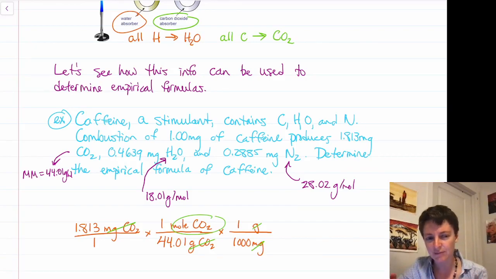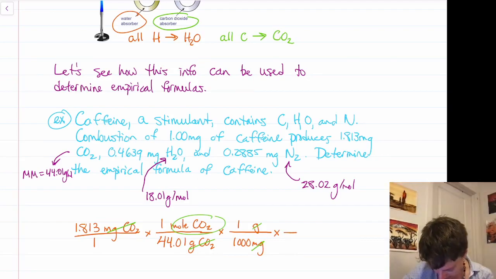If I was talking about oxygen, there's 2 moles of oxygen atoms for every 1 mole of carbon dioxide. But for carbon, it's pretty simple. 1 mole of carbon dioxide is equal to 1 mole of carbon atoms. And so we can incorporate that into our unit conversion by saying that 1 mole of CO2 gives rise to 1 mole of carbon atoms.